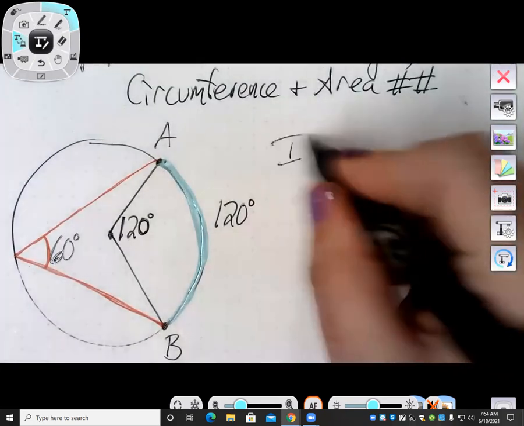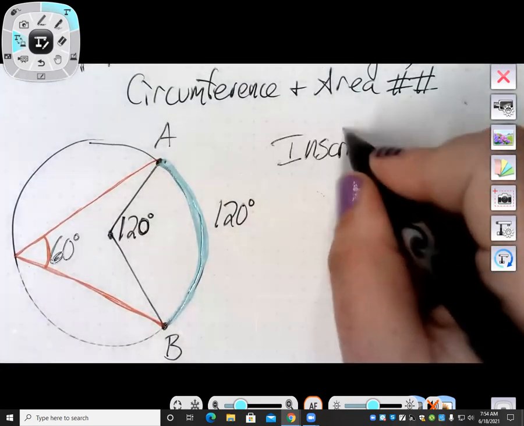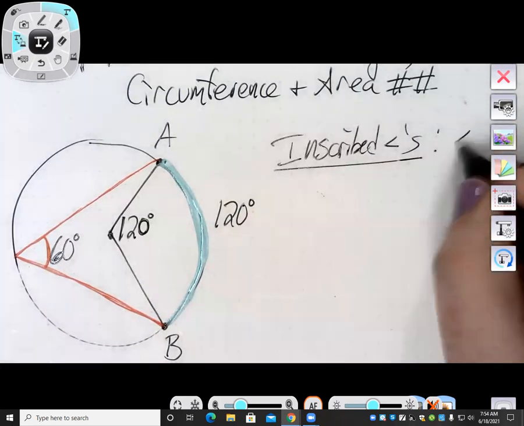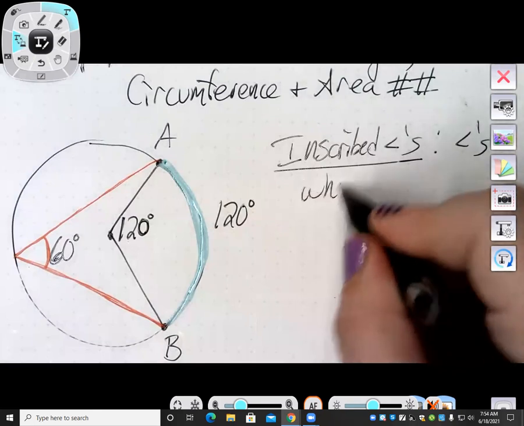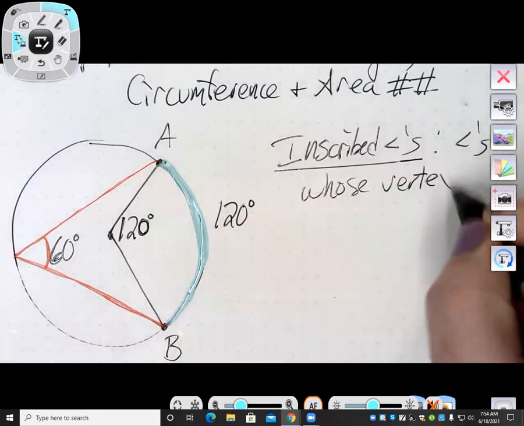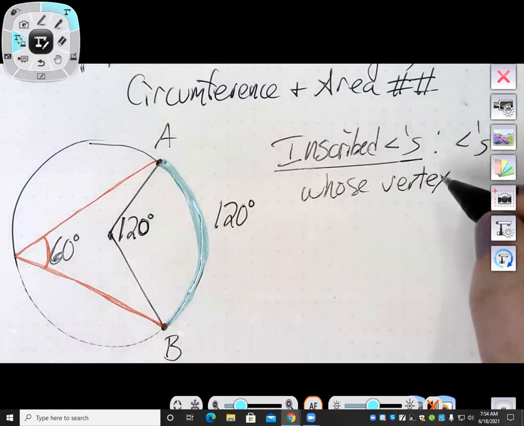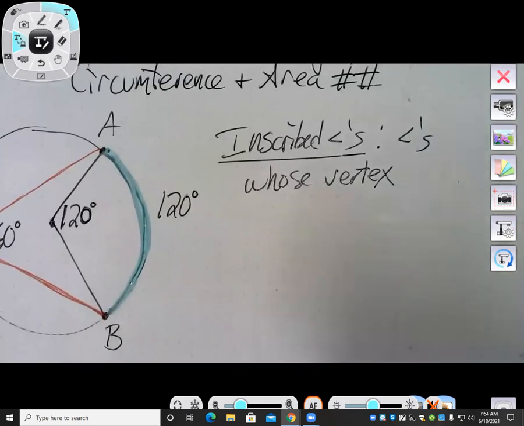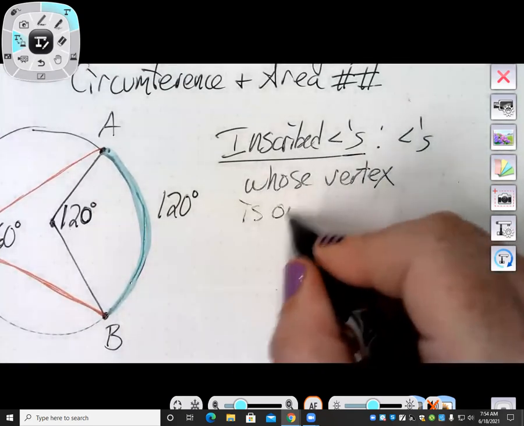So inscribed angles are angles whose vertex is on the circle's edge.